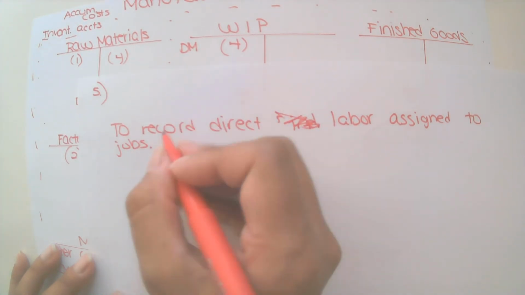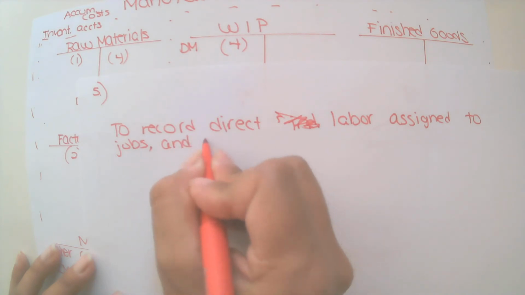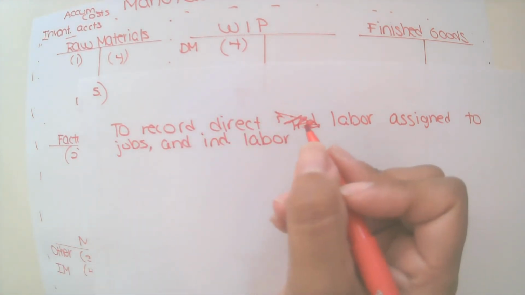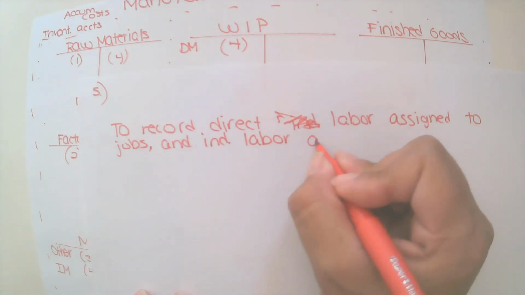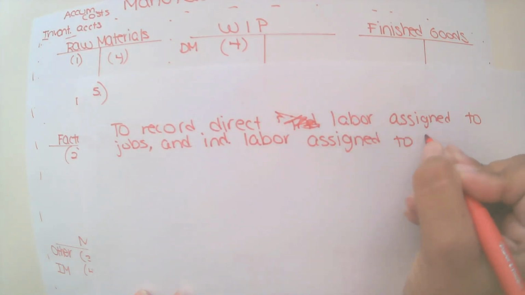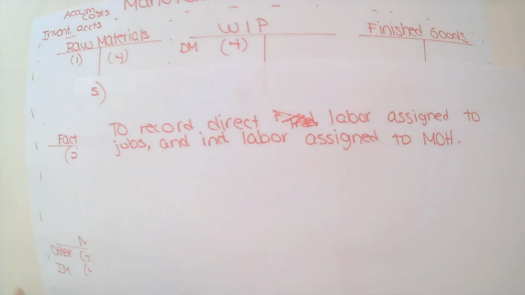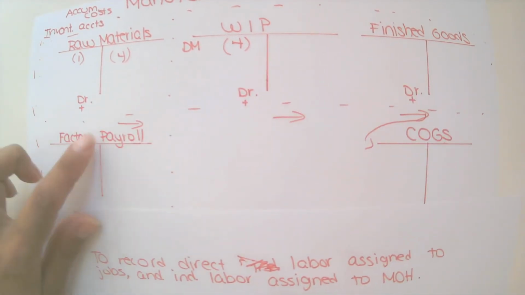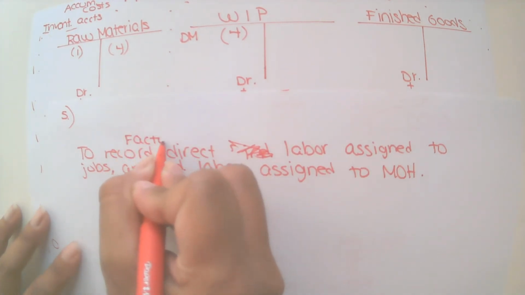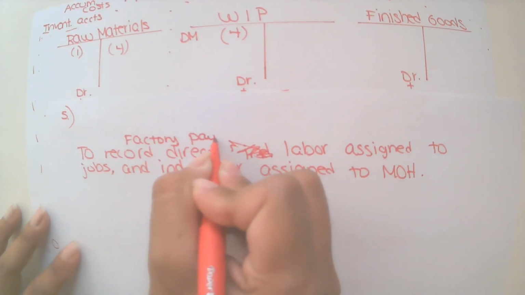Direct labor is assigned to jobs, and indirect labor, because indirect labor isn't yet assigned to jobs, is assigned to overhead. Okay, so we're going to take it out of factory payroll. So that will be our credit: Factory Payroll.